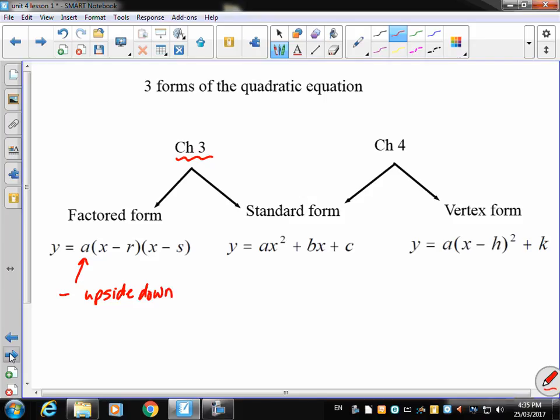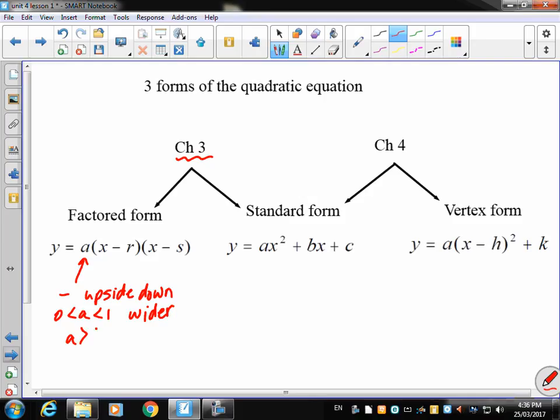If that A value is a fraction between 0 and 1, then our parabola is wider, fatter, a vertical compression. You can say a lot of different things. And it affects our step pattern. So instead of the normal over 1 up 1, we would go over 1 up a fraction. So it's going to be a wider look to it.